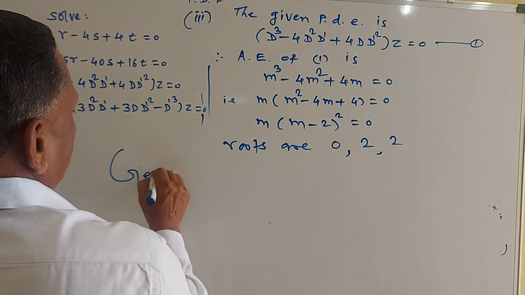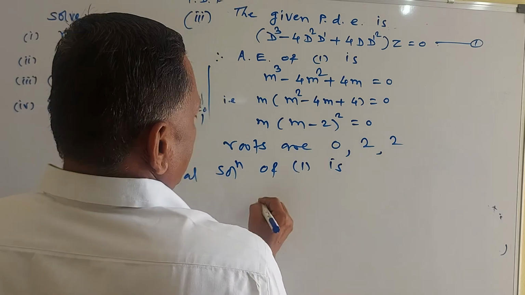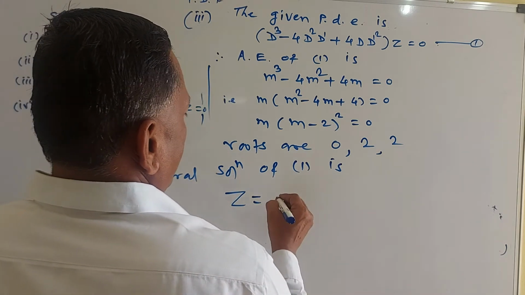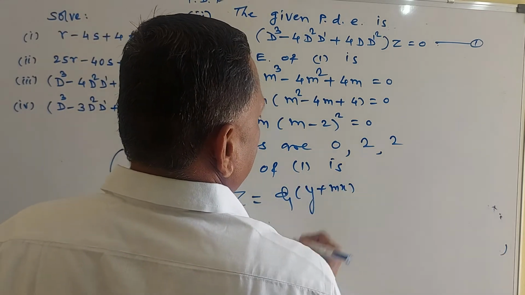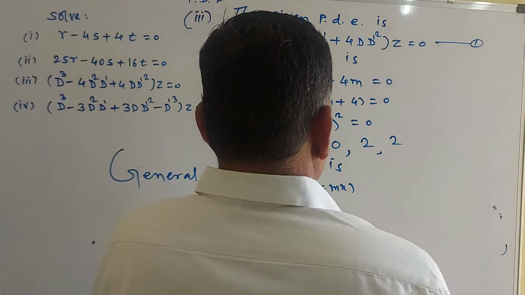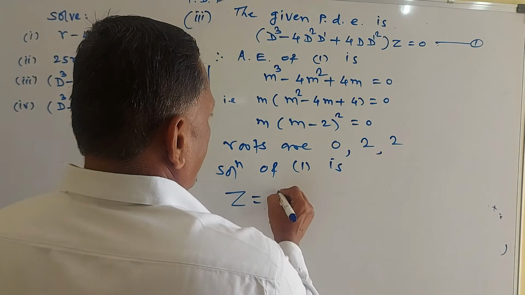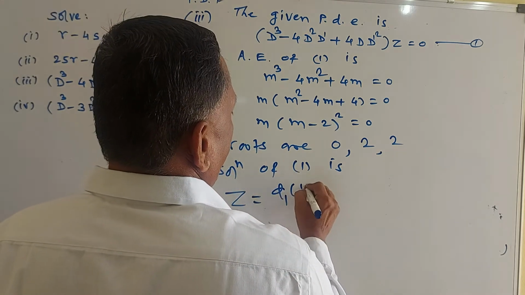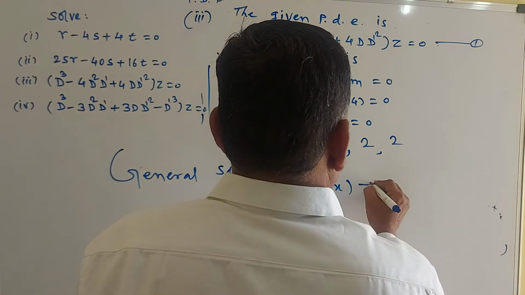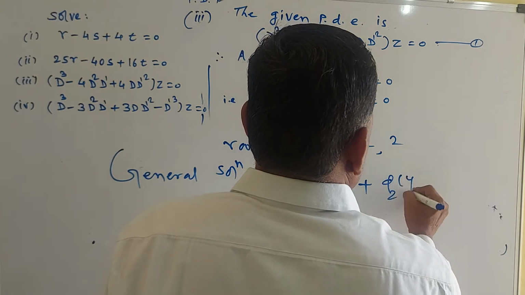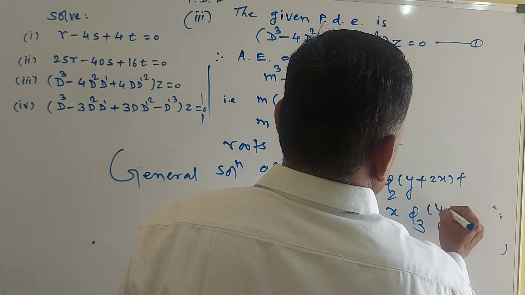Therefore the general solution of 1 is z is equal to phi 1 of y plus m1 x, m1 is 0, plus phi 2 of y plus 2x, plus x into phi 3 of y plus 2x.